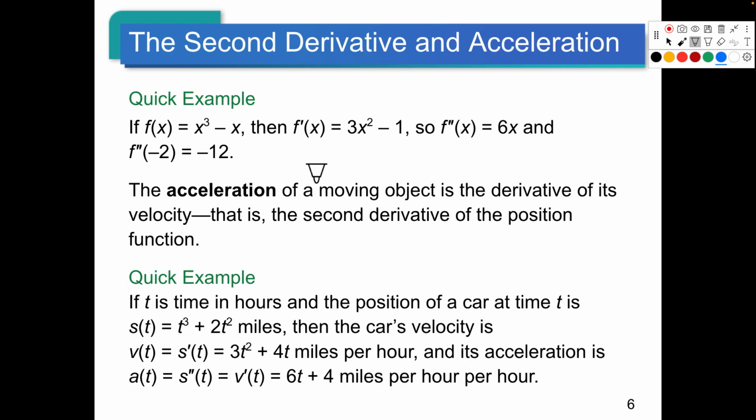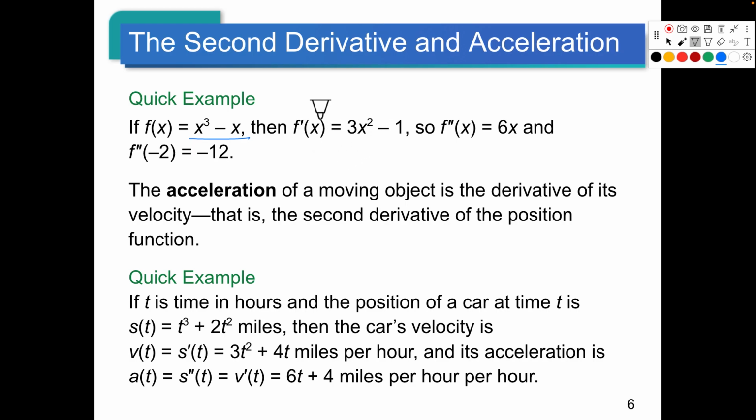And if this was an engineering class or physics class, that's pretty much all we'd be considering with the second derivative. But since this is business calculus, we'll move on to some other applications. But they give a quick example. If the position function was x cubed minus x, then when we take its derivative, the 3 comes down and you subtract 1, so you get 3x squared minus 1.